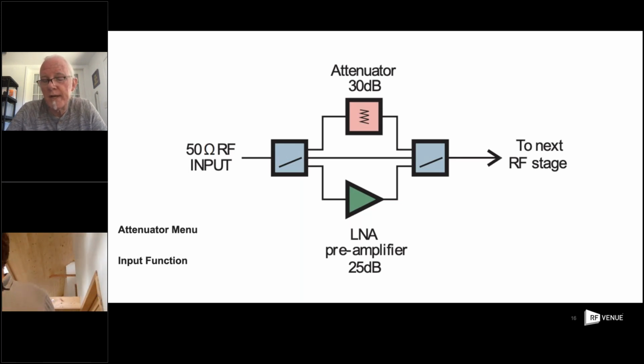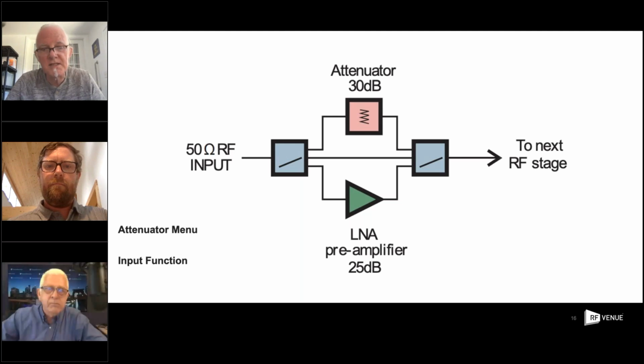If you just turn a transmitter on up to a scanner that doesn't have the input attenuated, and you get pretty close to the antenna input for that scanner, you can have some bad things happen. So having that attenuator in there is very important if you want to measure transmitters. And then the LNA, of course, is the same thing on the other end. If you're trying to measure stuff that's way down in the dirt, you're going to want to boost it up a little bit. So there's a 25 dB preamp that you can switch in.